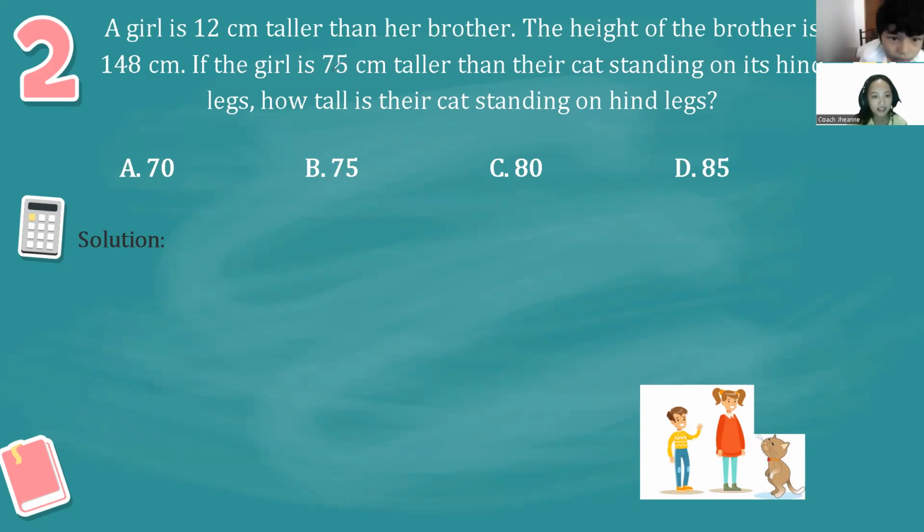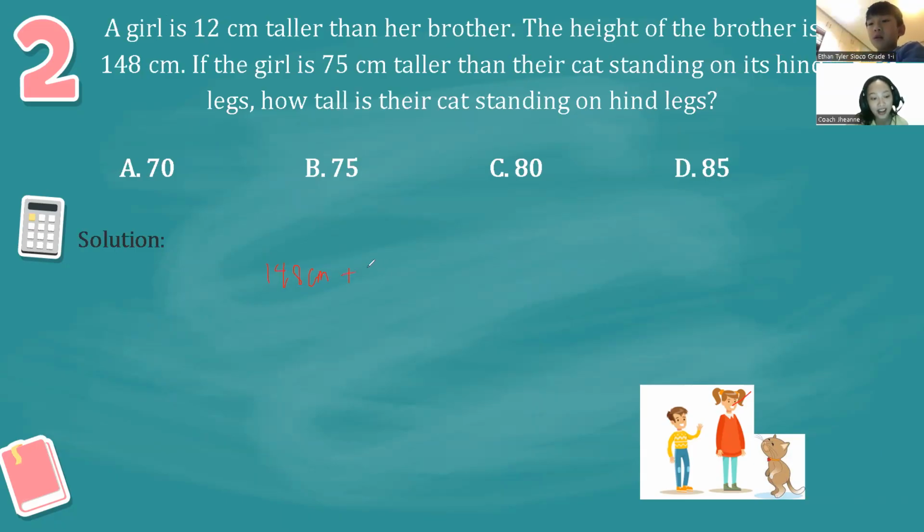So we have the given height of the brother, right? That is 148 centimeters. And it is said that this girl is 12 centimeters taller than her brother. So that would mean we have to add to her height.